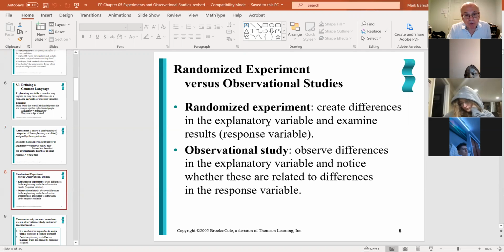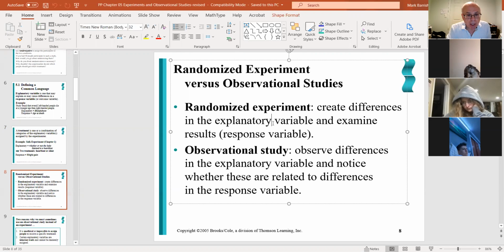In an experiment, if you randomize or randomly assign treatments to the people in the study, the groups that are created, the experimental groups, are going to be approximately the same in terms of other types of variables. And therefore, you can say with confidence that any changes occurring in the response variable due to changes in the explanatory variable is a cause and effect relationship. The changes in the explanatory variable are causing the changes in the response variable.